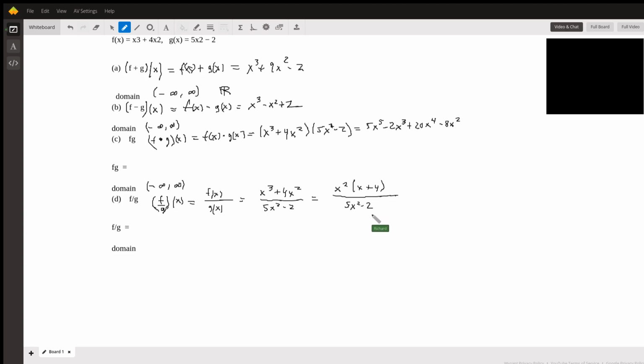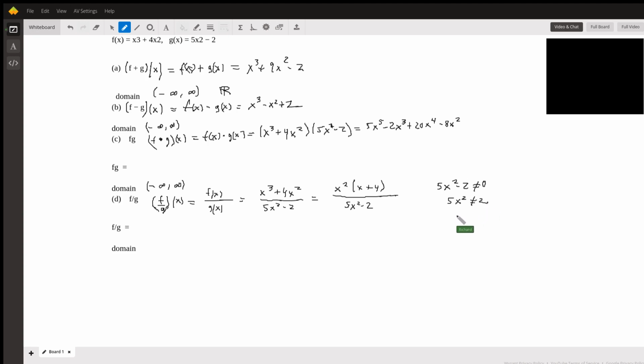So the only thing that we have to watch out for here is we can't allow the denominator to be 0, because anything divided by 0 is undefined. So we have to just solve this. 5x squared minus 2 can't be 0, which means that 5x squared can't be 2.